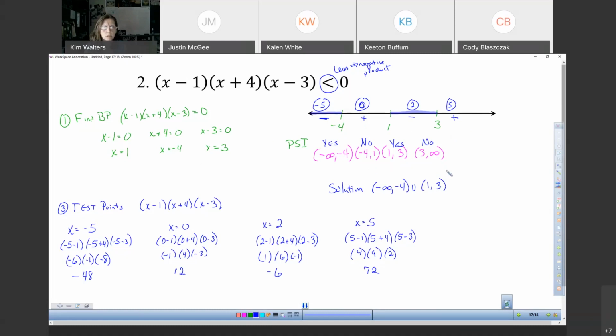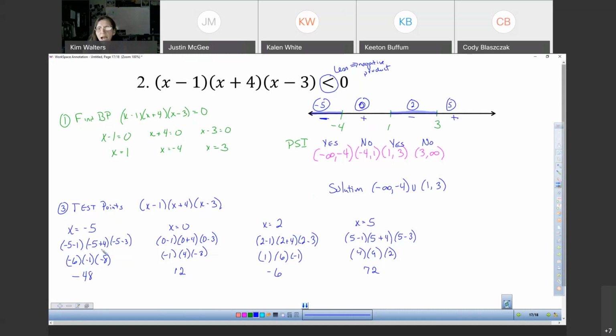Oh, like when you're doing the test points, why are they different? When you're doing the math to get negative 48, 12, and 6, why is there a plus 4, but in your possible solutions it was a negative 4?